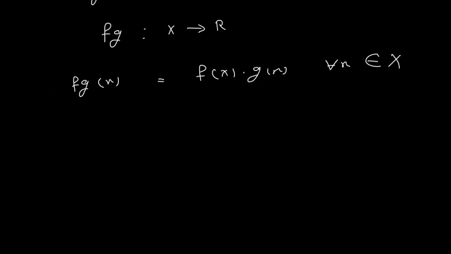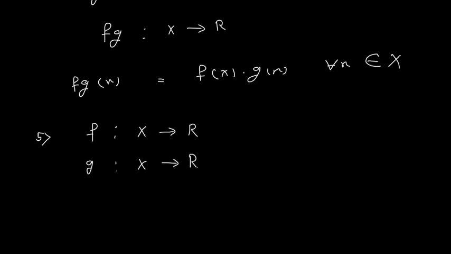And finally we have division of two functions. So again, if f is a function from X to R and g is a function from X to R, then I will define f by g.